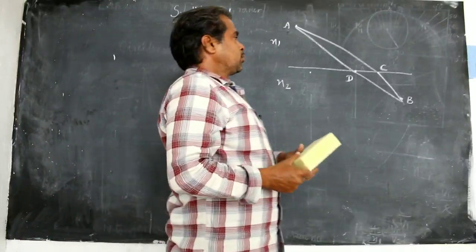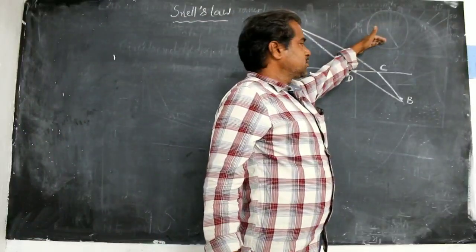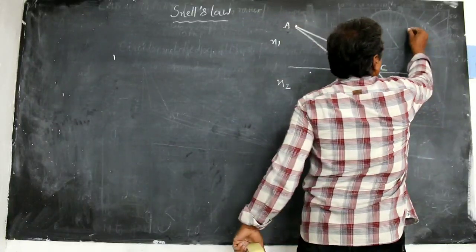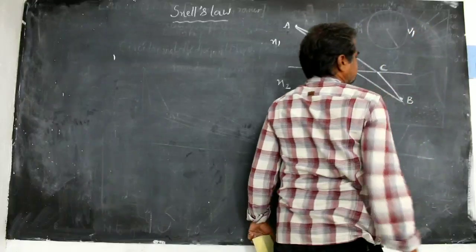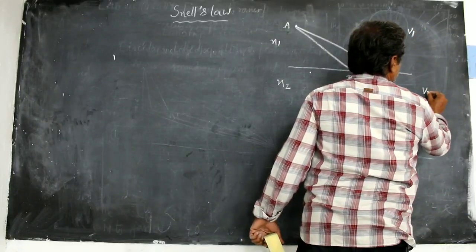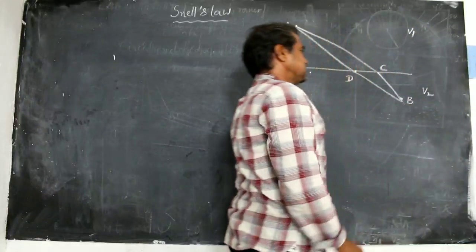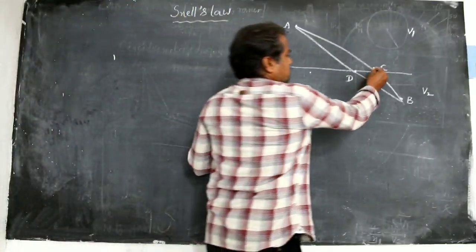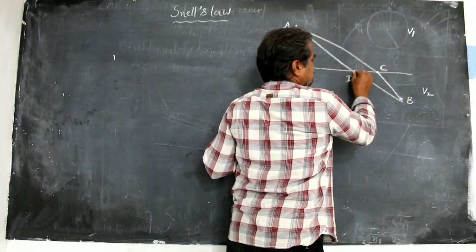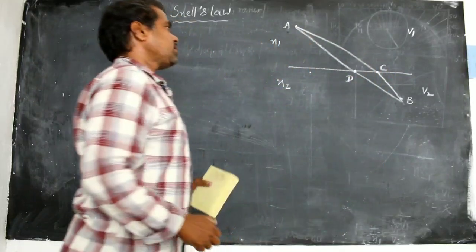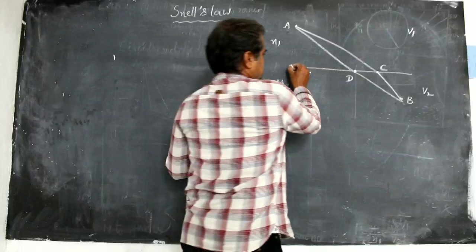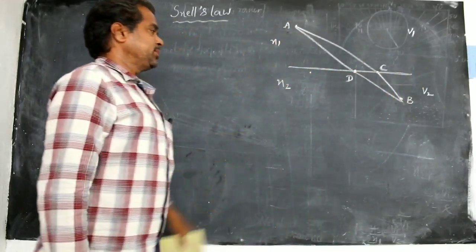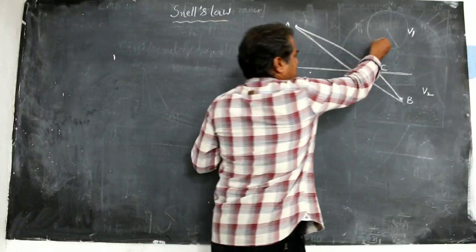Any human being travels faster on the earth compared to the water, so the velocity of the person on the earth is V1 and the velocity of the person in the water is V2. Here we get two incident points on the interface. This is treated as the shore, or interface, of the two transparent media. Draw one normal at C.